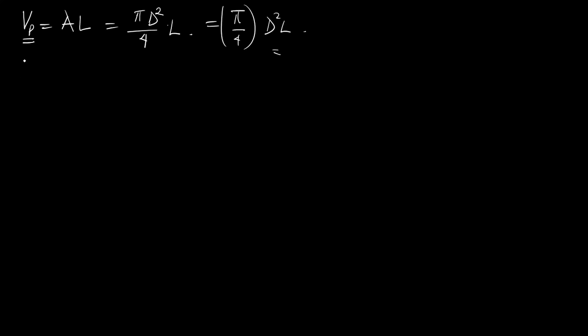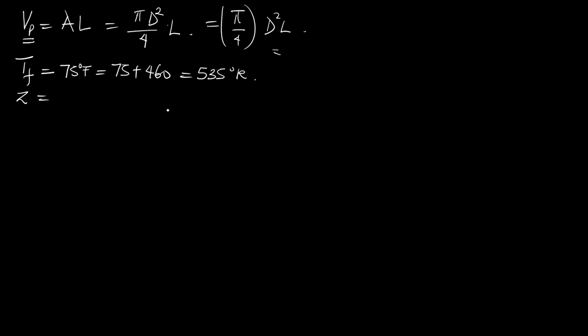Now we know the average temperature of the gas, which is 75 degrees Fahrenheit. We have to convert it to Rankine. This will give us 75 plus 460, equal to 535 degrees Rankine.